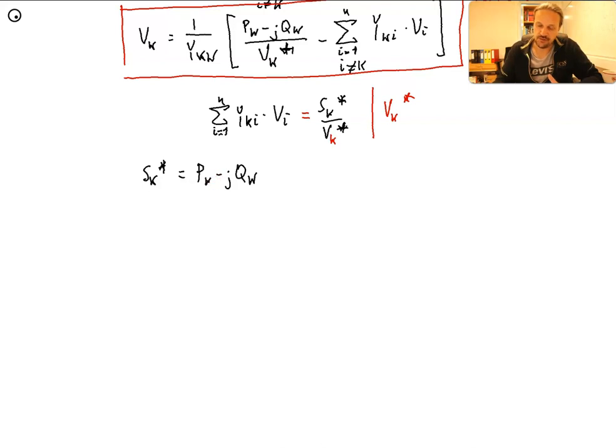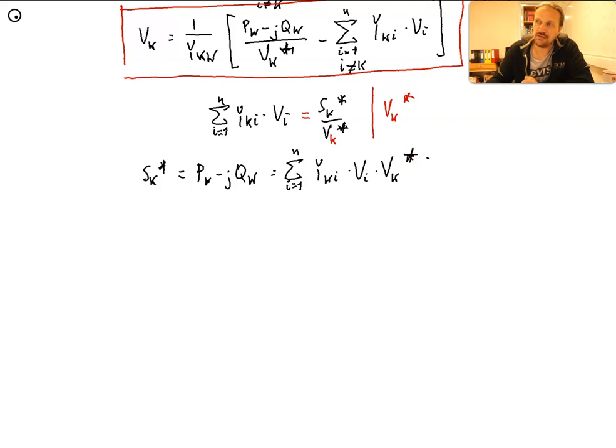So then this conjugate is solved, right? And then it's the sum of I equals 1 to n of YKI times VI times VK conjugate. So the next question is, I have to solve for this conjugate.